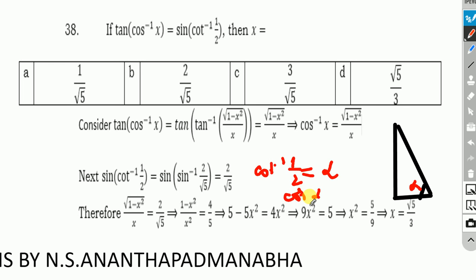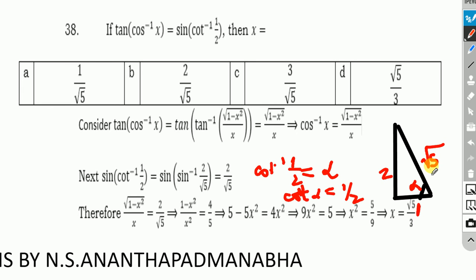Cot alpha is 1 by 2, so this side, adjacent, is 1 and this will be 2. So this will be 2 square plus 1 square, which will be root 5 here. Hypotenuse is root 5. When you take sin theta, it will be 2 by root 5.